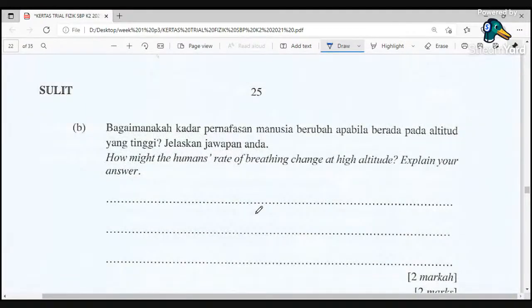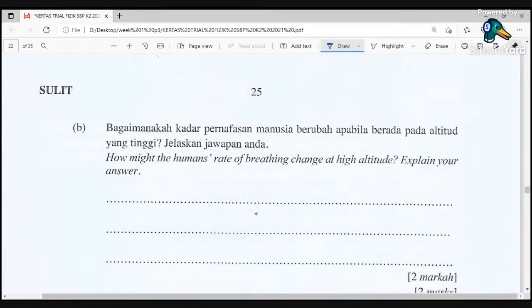How might the human's rate of breathing change at high altitude? Explain your answer. Okay, when going up high, you can see the density of air decreases. So the rate of breathing will increase because we try to capture more air into the lungs.